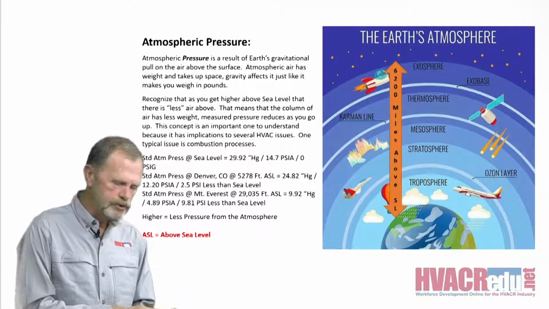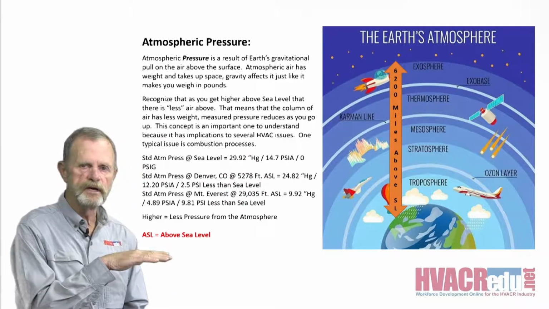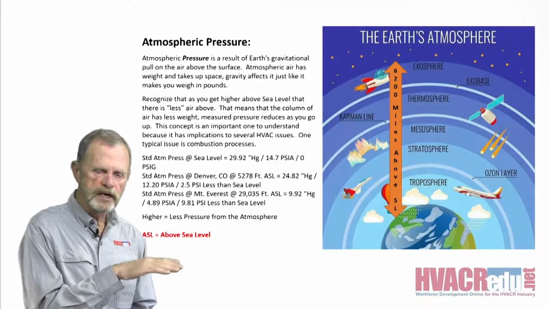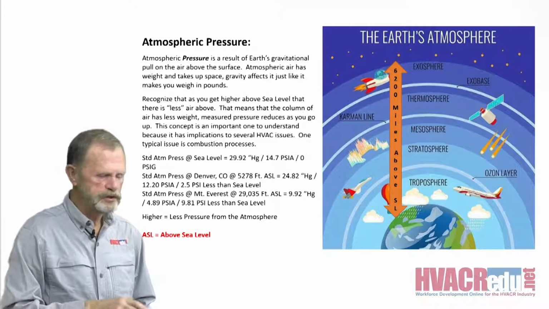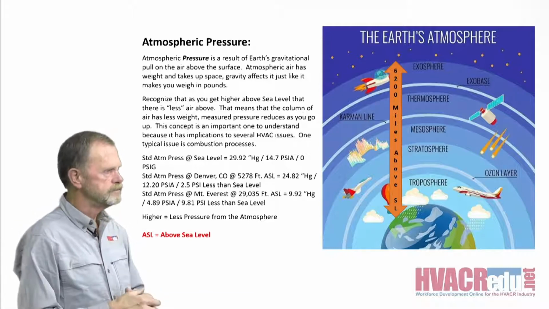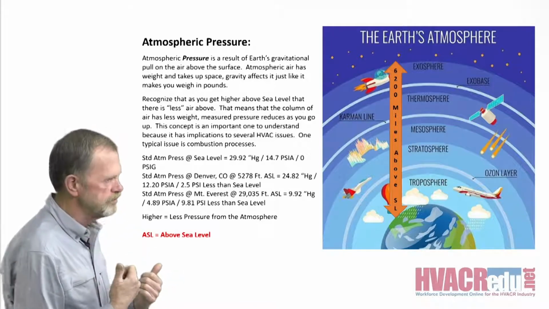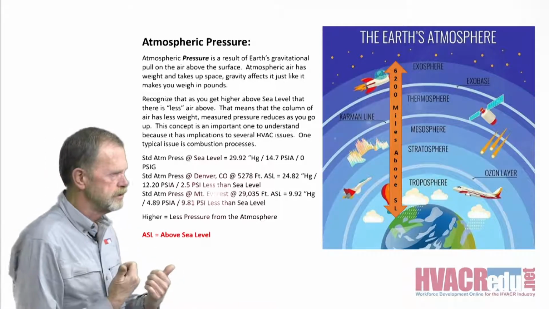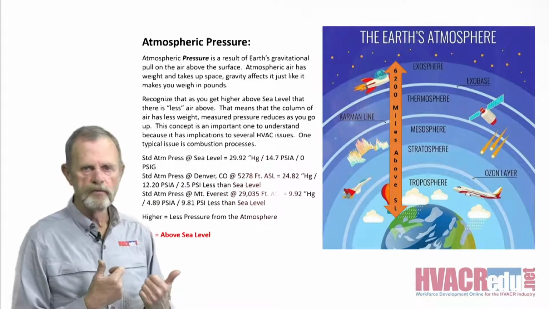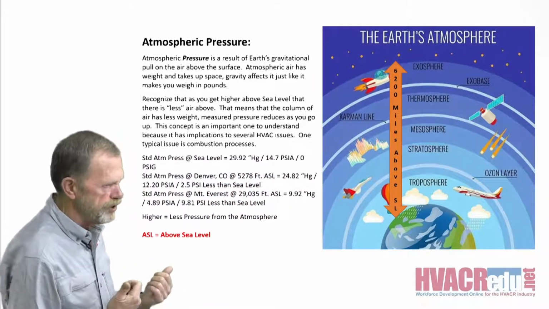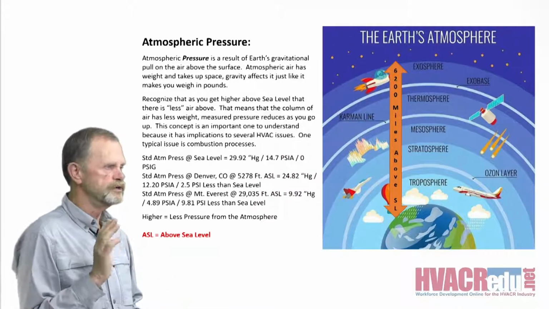So you can see as you go up, and now we're about a mile above sea level in Denver, Colorado, there is less of a column of air above you. You're still on the surface, but now it's less weight. And then if you go to the very top of the world, the top of Mount Everest at 29,035 feet above sea level, the pressure is 9.92 inches of mercury, so it's really, really reduced.